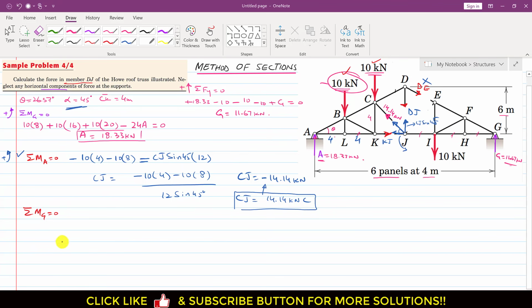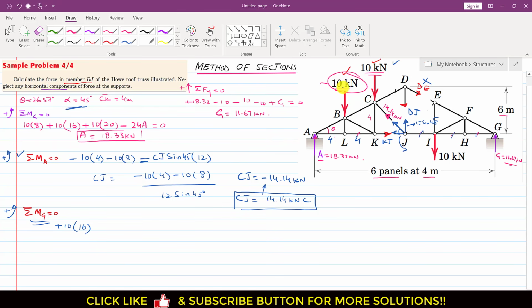So now if we apply the summation of moment about point G equals to 0, and if we consider that the clockwise moment is positive, and if we consider this section, this 10 kilonewton force and this 10 kilonewton force, both of these are producing the counterclockwise moment about that point G. So we will write plus 10, this 10 kilonewton force has a perpendicular distance of 16 meters from that point G. This is 4 plus 4 plus 4, so we have 4 panels, so it is 4 times 4, which is 16.